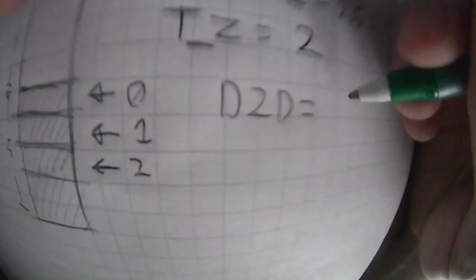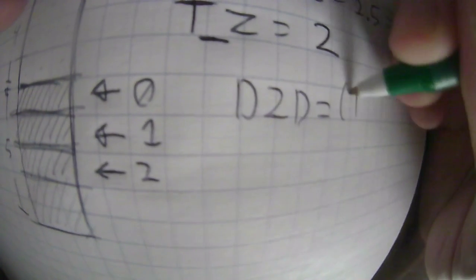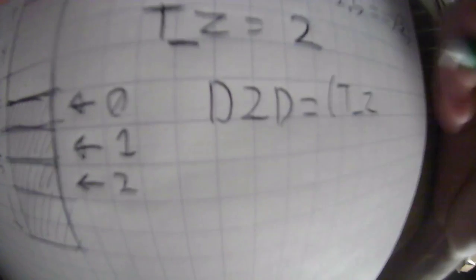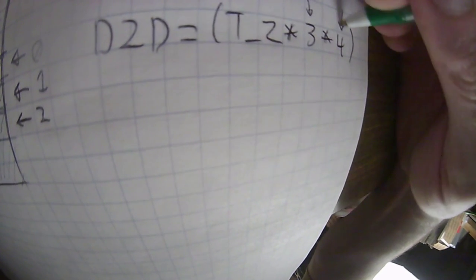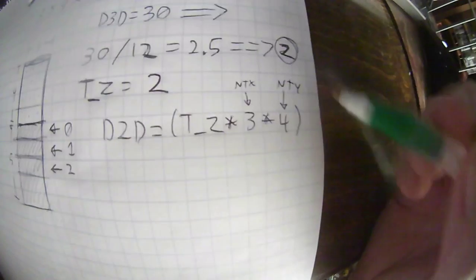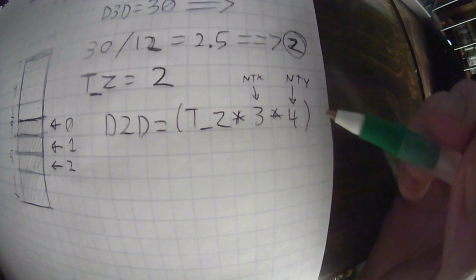D3D equals the TZ times NTX times NTY, so that's 3 times 4. That's NTX, and this one is NTY. So TZ times NTX times NTY, and that's going to get us D2D.